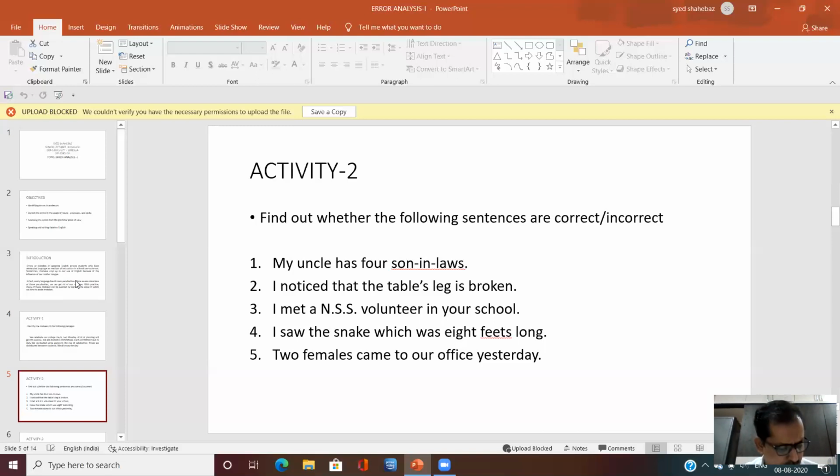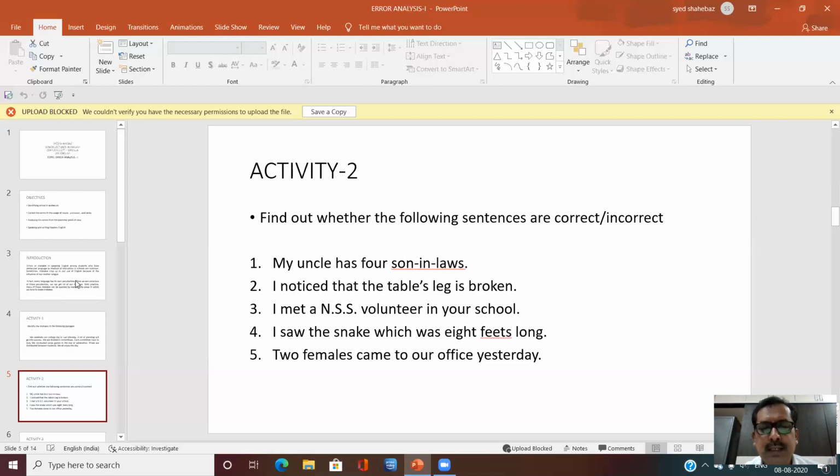Next, third sentence. I met an NSS volunteer in your school. Here, an, not a, because when you are pronouncing NSS, N is pronounced EN, an E sound is coming.